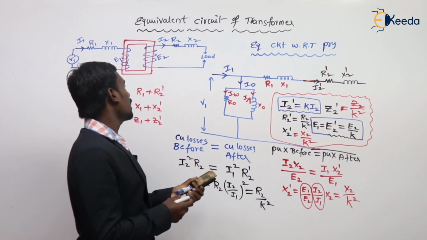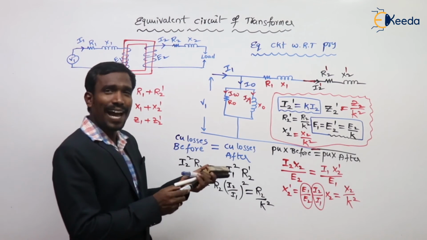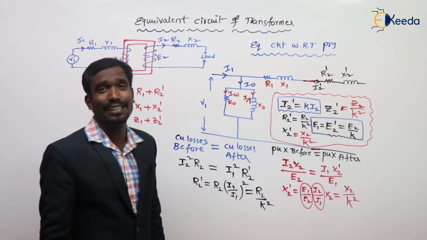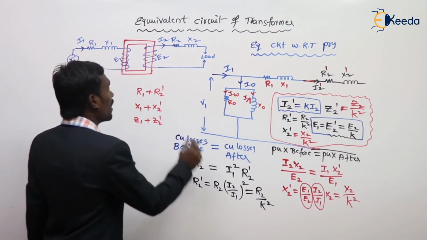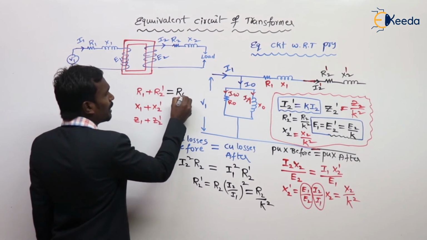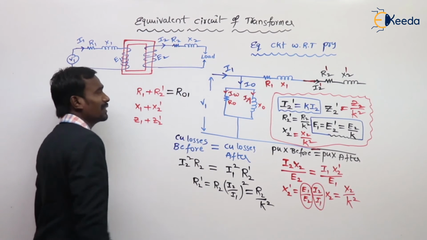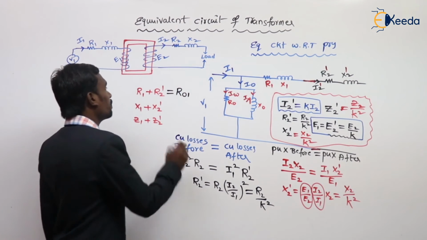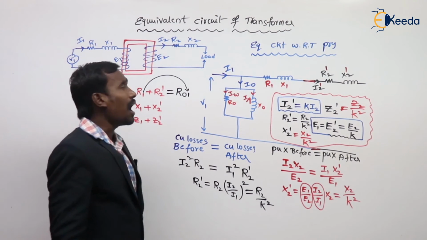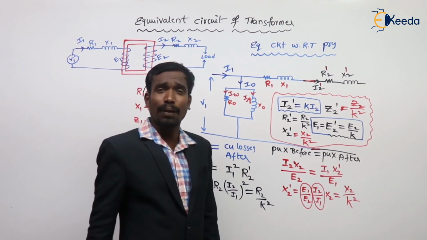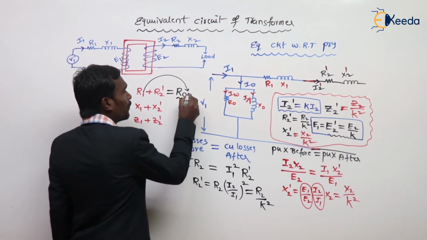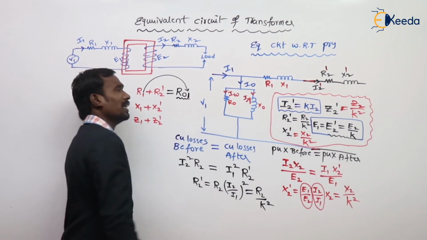This R1 plus R2 dash is called equivalent resistance. Equivalent resistance is represented by R01. R01 is the equivalent resistance referred to primary.